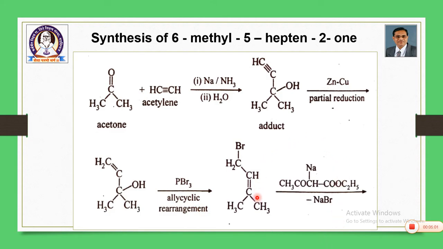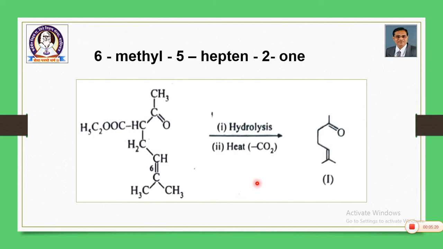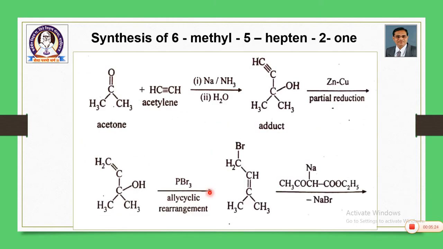this is a reactive methylene compound, ethyl acetoacetate, CH3COCH2COOC2H5, it is converted into sodium salt. So, this step is a condensation reaction, and during condensation we get this product. So, see once again, you have CH3CO, CHNa, COOC2H5.